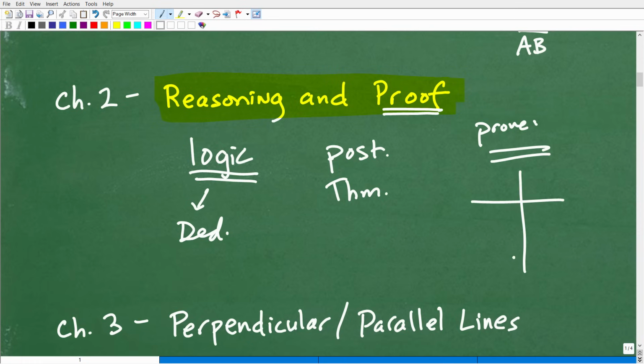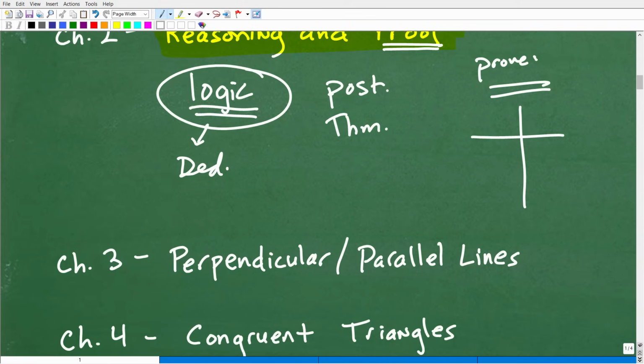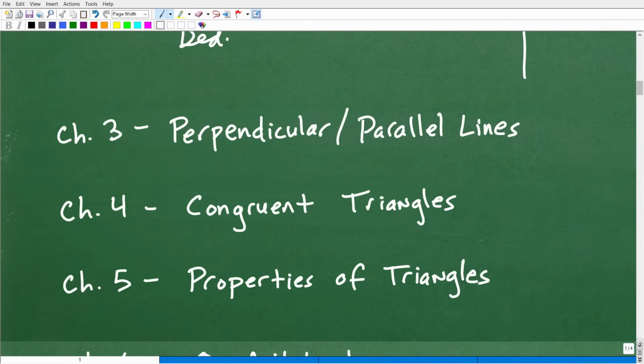You're going to have to construct a proof, and a lot of students find this very difficult. Anyways, you're going to encounter this, but really you're going to be learning about logic, which is very interesting, by the way. I think a lot of you might actually enjoy that. All right, let's move on to chapter 3.